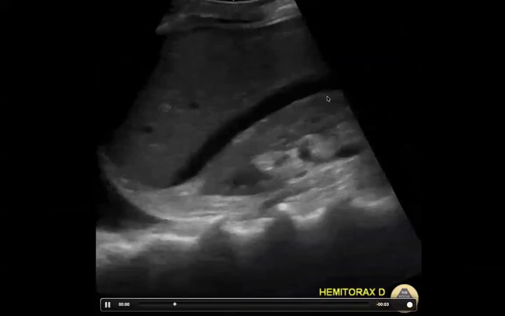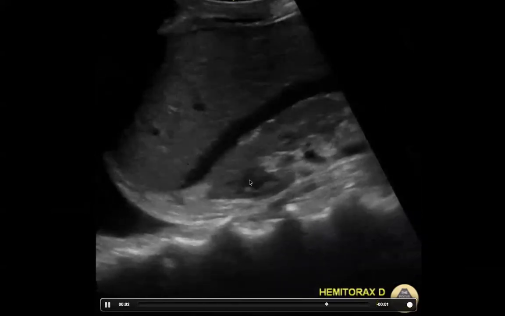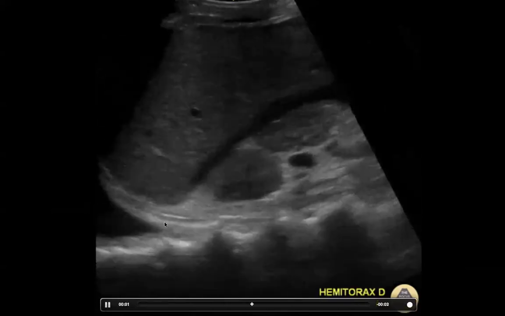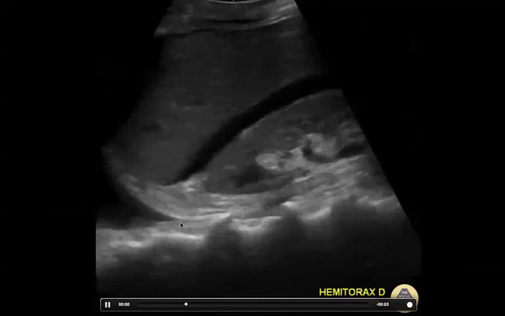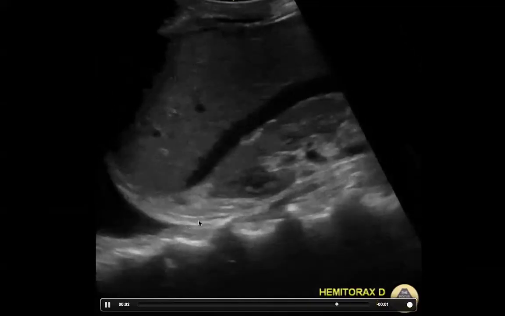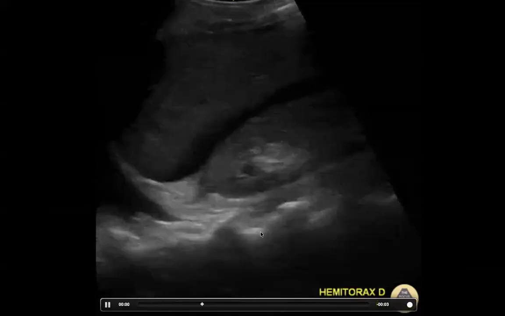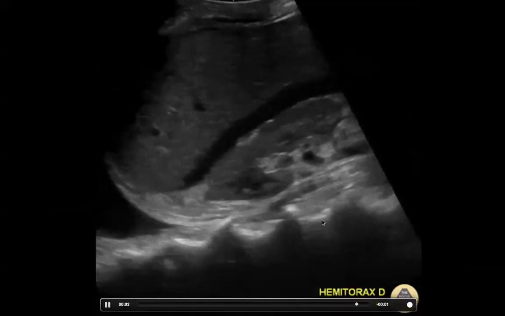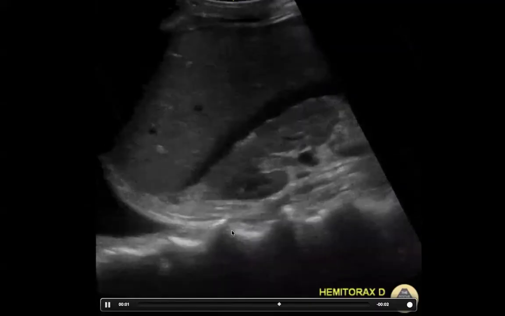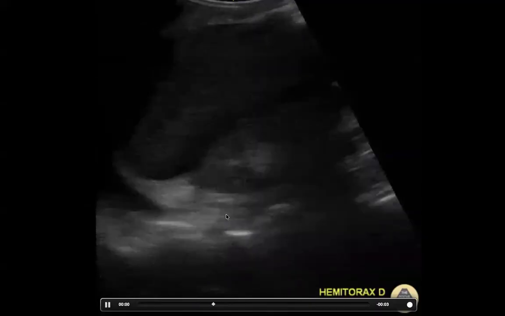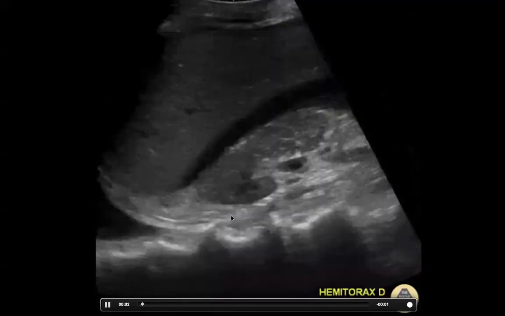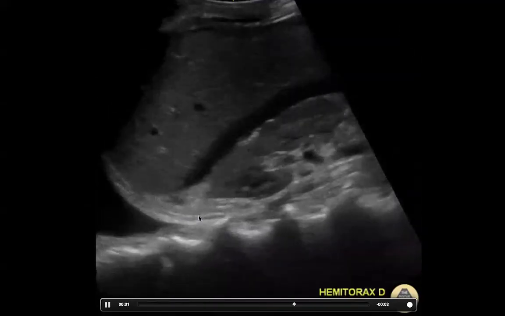We see the positive FAST in between liver and kidney, and over here, this is the diaphragm, the curved diaphragm. And interestingly enough, these are the spines in the back of the patient, right? Normally you can only see the spines that are inferior to the diaphragm here.